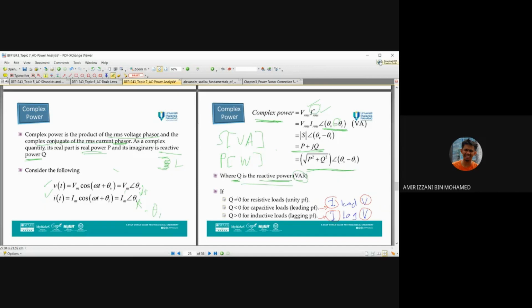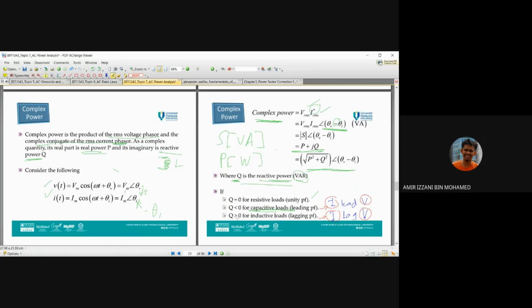If Q equals 0, the power factor is unity, meaning there is no reactive power. Okay, the load is fully resistive. It's not inductive, not capacitive. Okay, if Q is negative, it's a leading power factor and it must be a capacitive load.